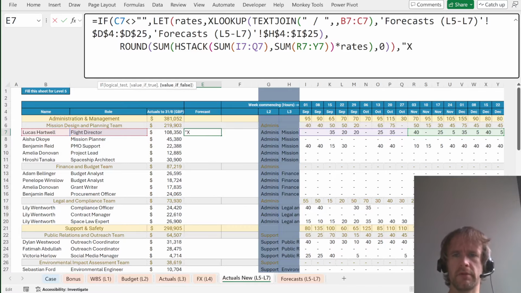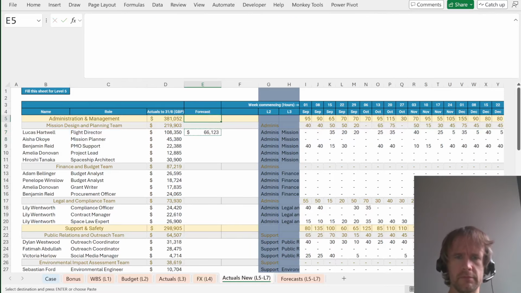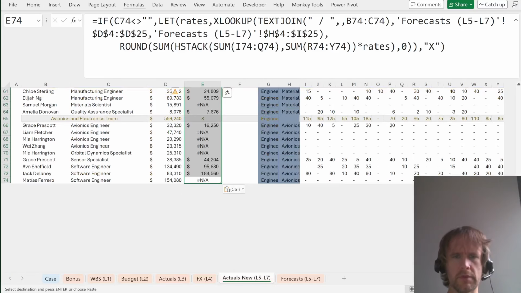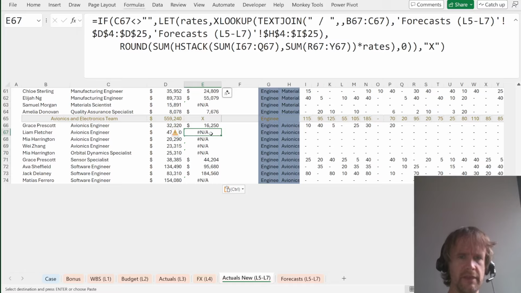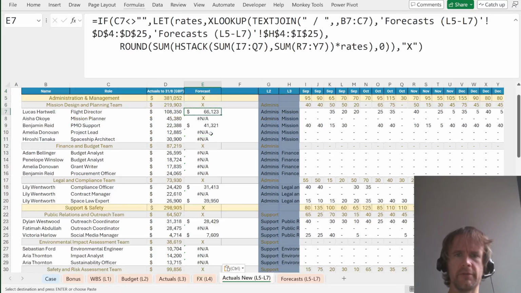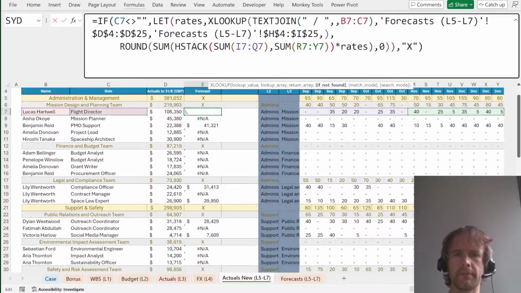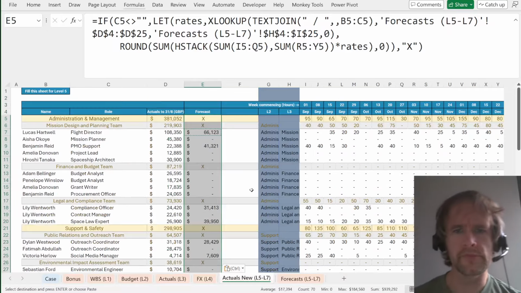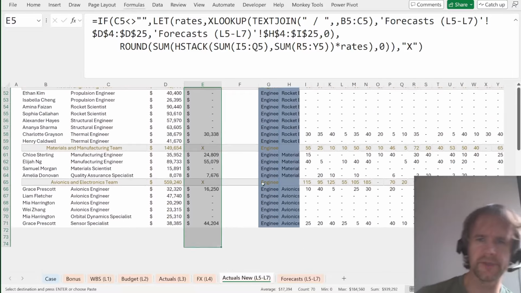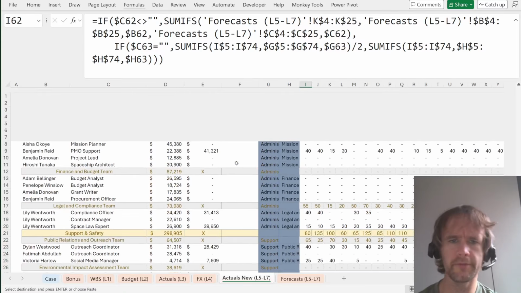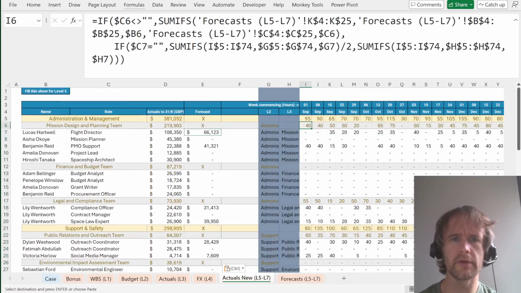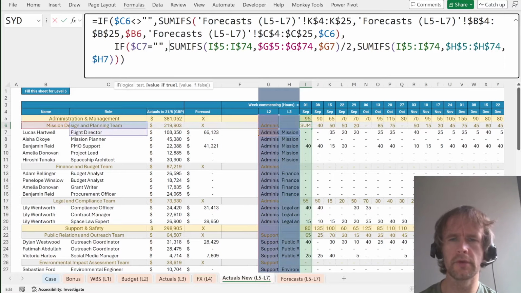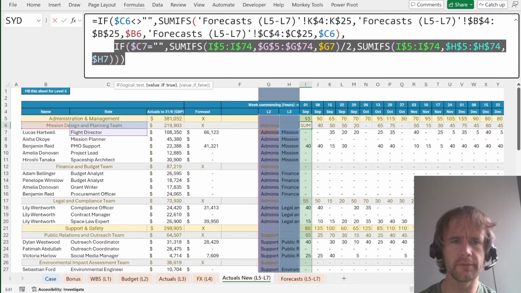Otherwise, for now, we'll just make it X. Right, sorry, we gotta have an if not found, which is going to be in the XLOOKUP here. Happy days. And yeah, the hours only came, yes, fine. So I don't need to worry about that. Right, so then, otherwise, I want to do this.